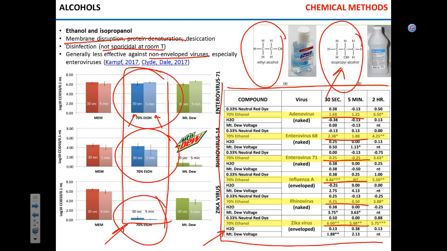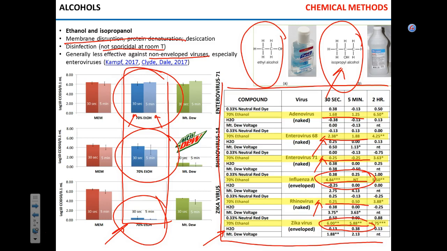Does that make sense? So if you look at enterovirus 68, 71, and rhino, they are not really significantly reduced. Okay? The reduction is basically in the margin of error. Does that make sense? On the other hand, influenza or Zika are inactivated really well.